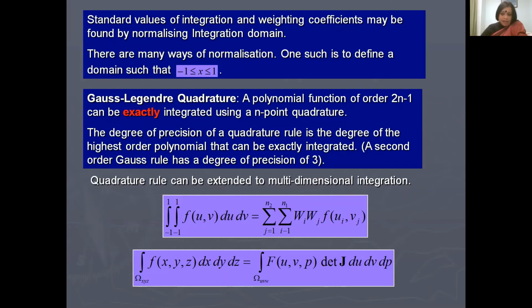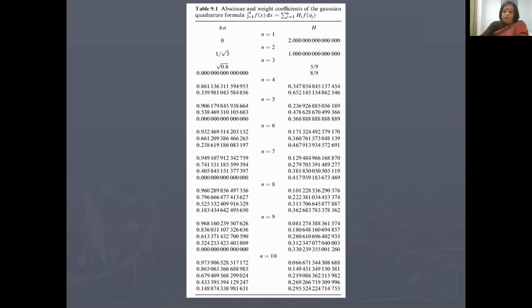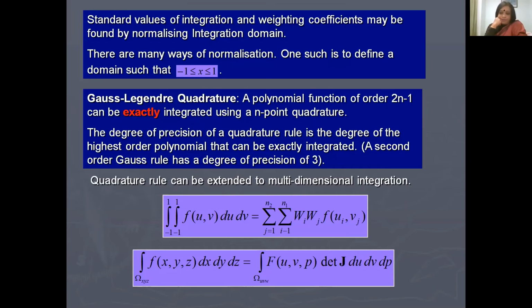What is the highest order of the polynomial for which you can use a 1-point quadrature? Did you get the question? Can you please repeat the question? So if you have a linear polynomial, you should be able to get the exact integration using a 1-point quadrature.